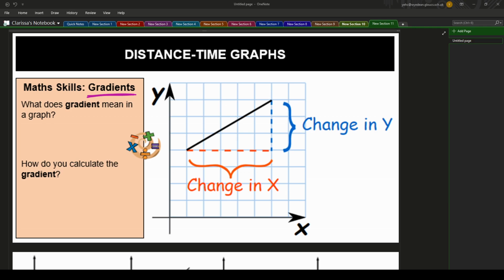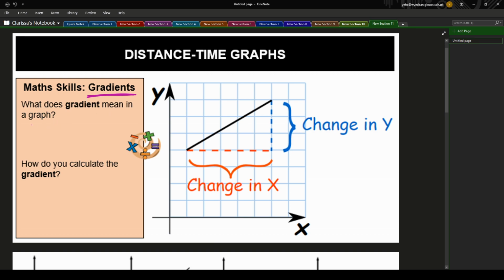Anyone type in the chat, tell me what gradient means. Okay, no takers, that's fine.